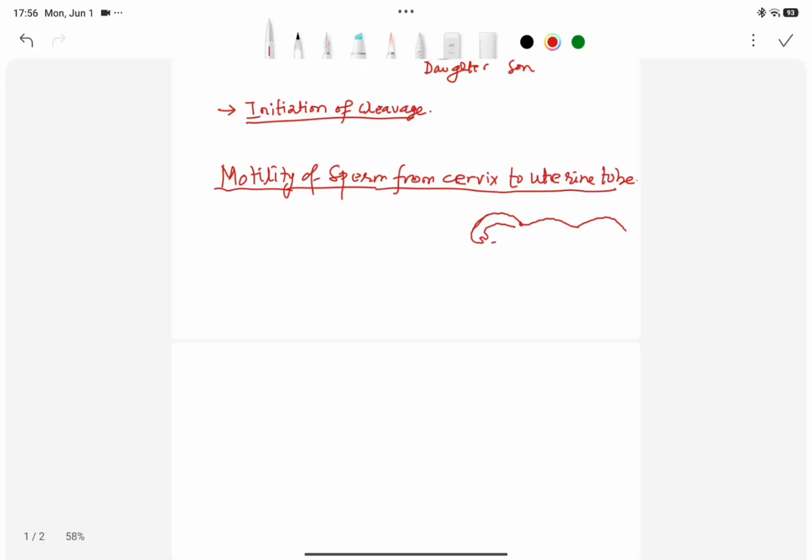This is the ovary, these are the ligaments, and this is the structure of the uterus, with the ovary and the uterus.